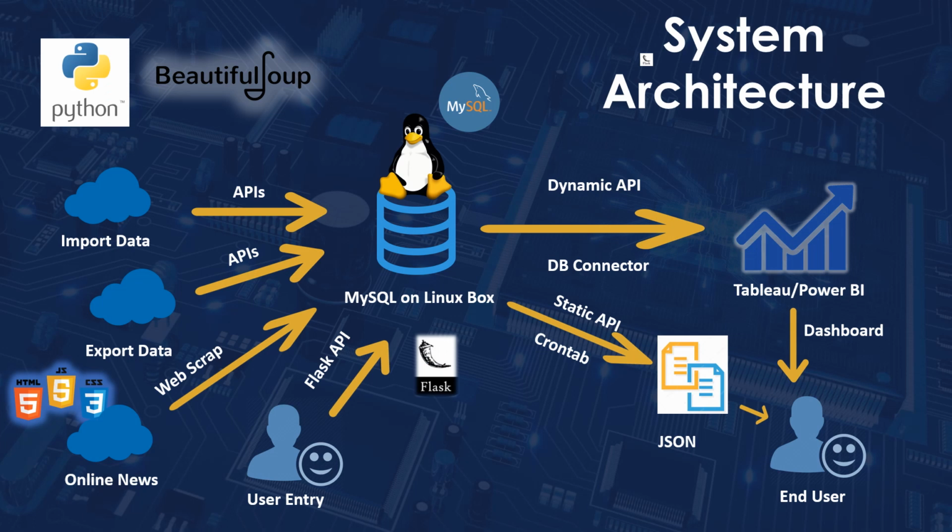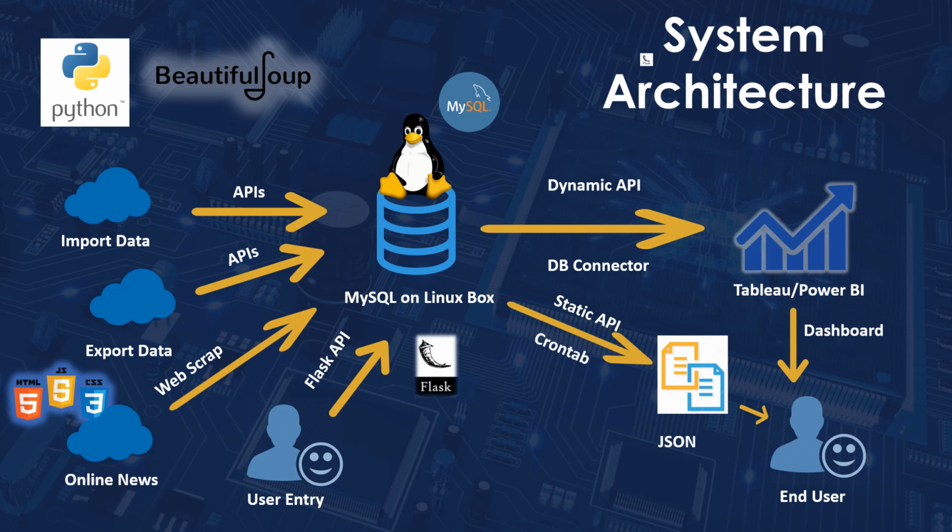So the system architecture which was used for designing this prototype, the heart of that is a dolphin jumping on top of a penguin: MySQL on Linux box. How cute is that? The data comes in via import and export data from the US Census Bureau and online news from a news aggregator. This comes using APIs and web scraping, and there's also a user entry which is using Flask.